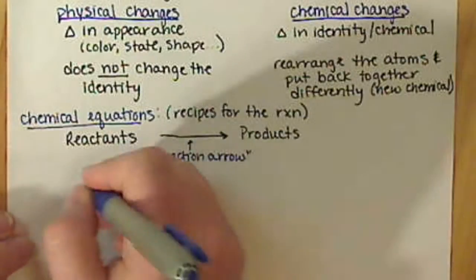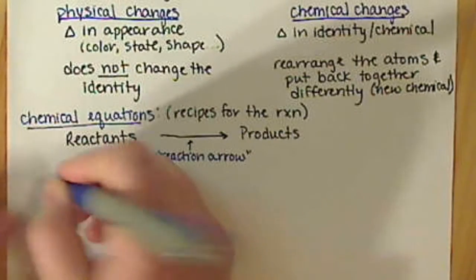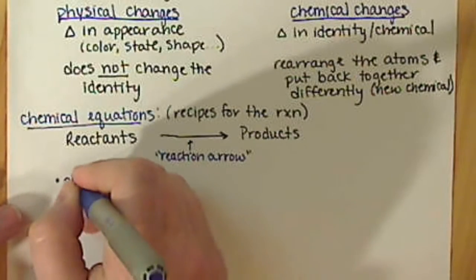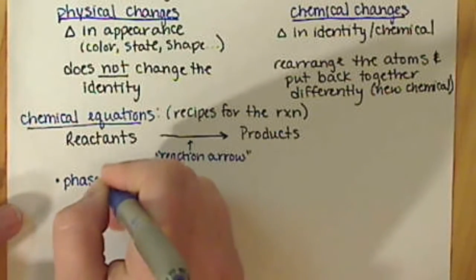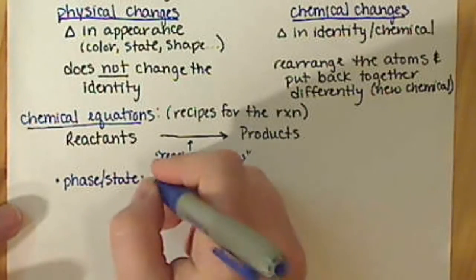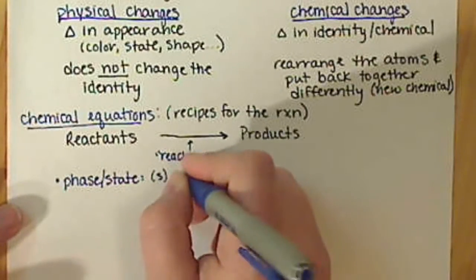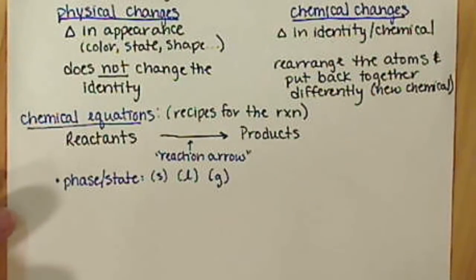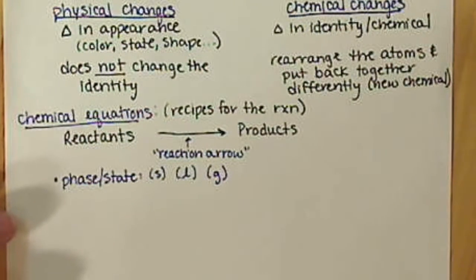Some things that are included, not always, but they can be, we can include our phase or state. So you could have your solid, liquid, or gas, and we put those as lowercase letters in parentheses. We'll see some examples in a moment.